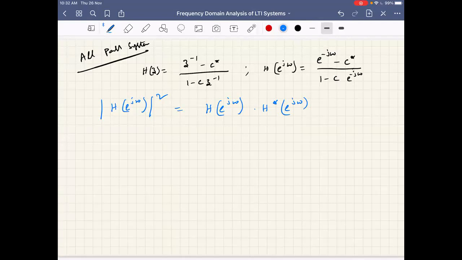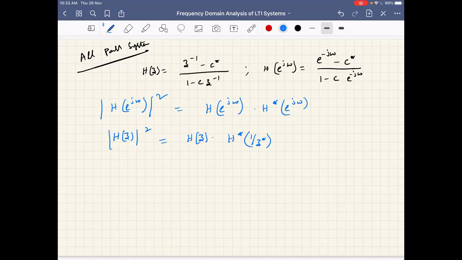Now given this, we can see whether, if we find the magnitude response for this given definition, it will be 1 for all omega or not. We will check. We will also define it in terms of H of z. How do we define the magnitude response? H of z into H star of 1 by z star.